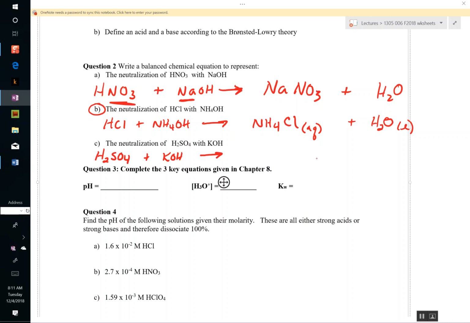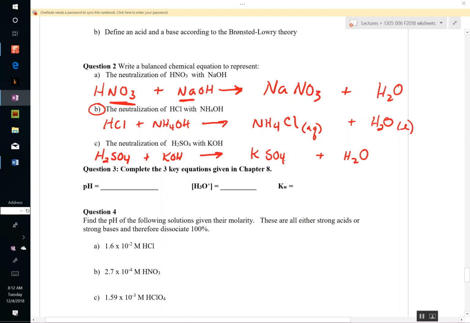So it's going to form water, and it's going to form potassium sulfate. What's the formula of potassium sulfate? Okay, at the end of the semester here, you have to start wrapping your mind around everything you've learned. The potassium has what charge?